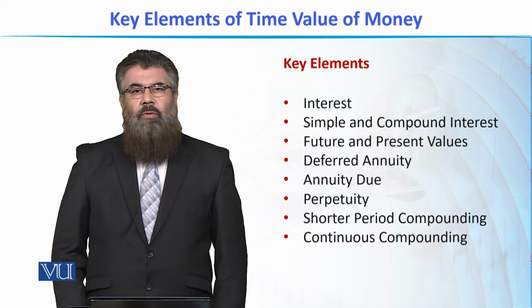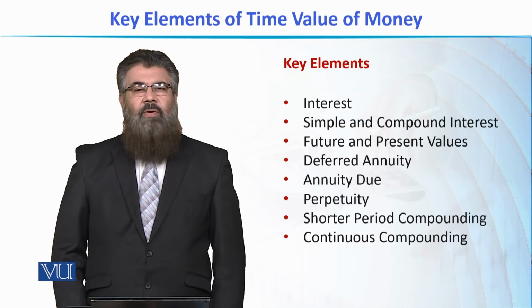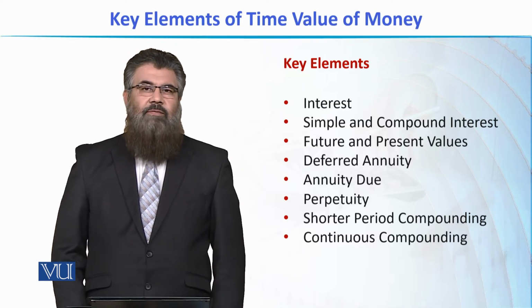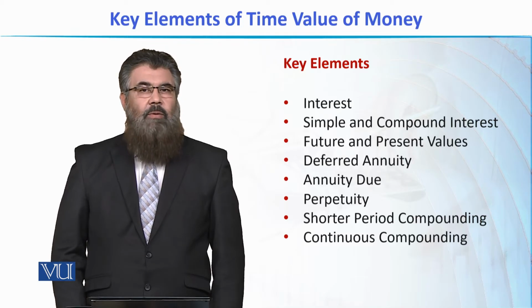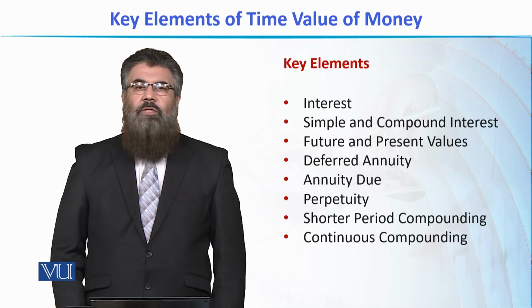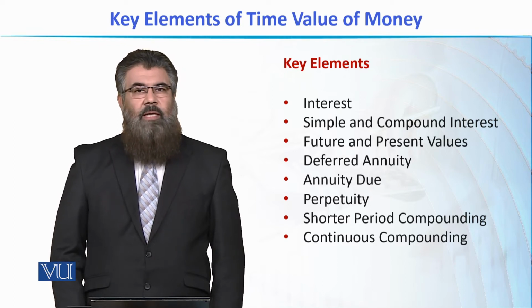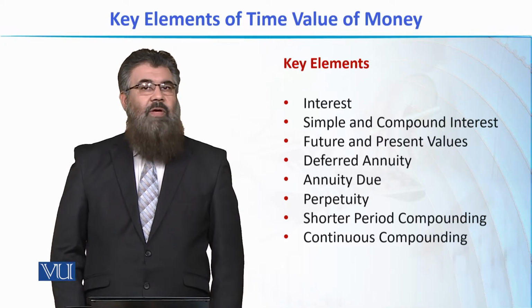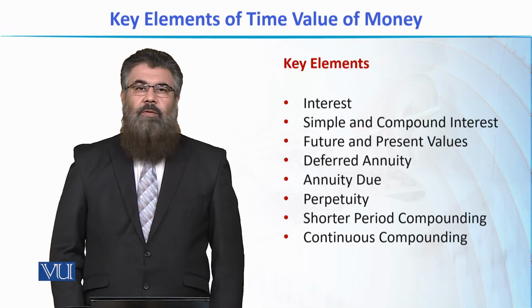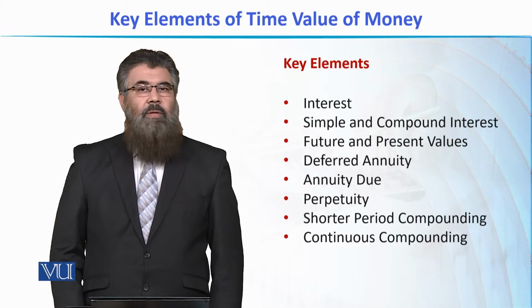With reference to time value of money, we have a concept of present value and future value. Present value simply means the value of money today, and future value of money means the future value of this amount somewhere in the future. The future value also has a component of interest along with the principal amount.